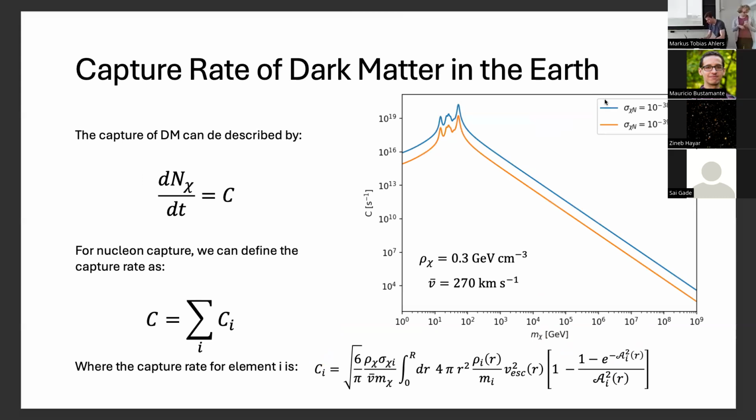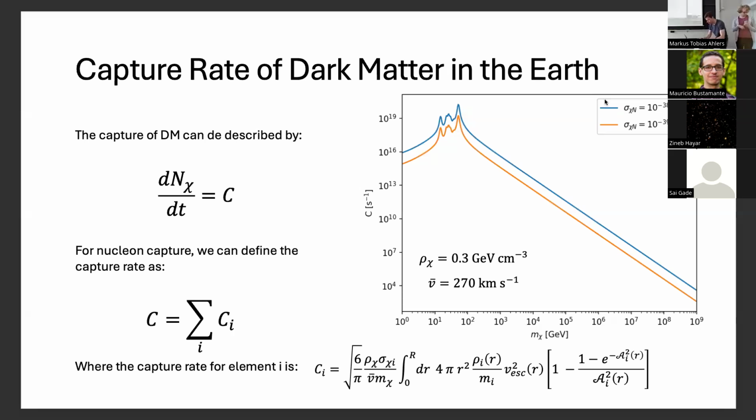The change in the number of dark matter particles is what we call the capture rate. We can calculate it through a long expression based on the local dark matter density, which we take to be, in this plot at least, 0.3 GeV per cubic centimeter, and the velocity distribution of the dark matter, where we take 270 kilometers per second.